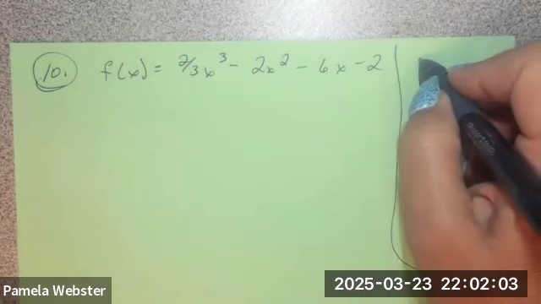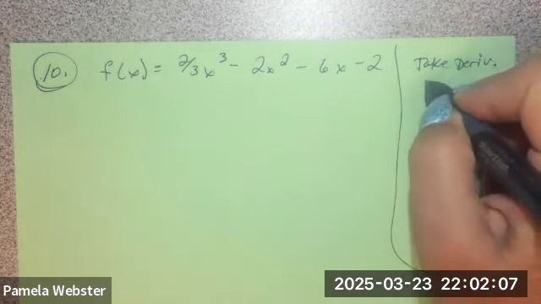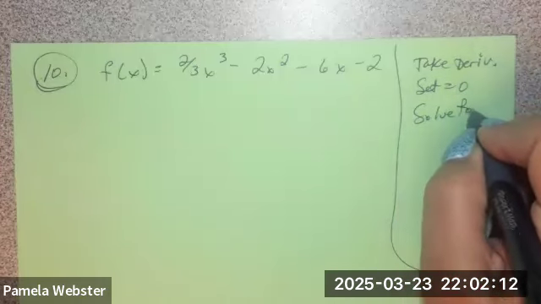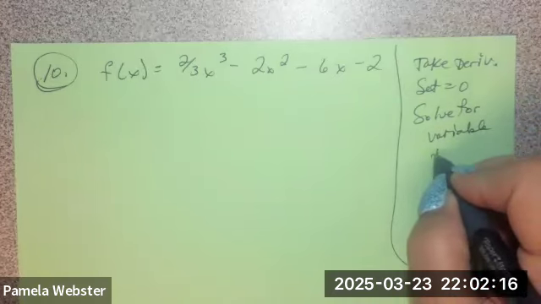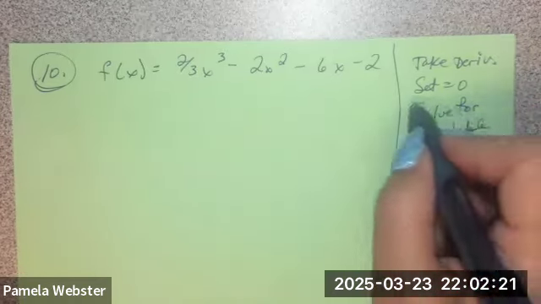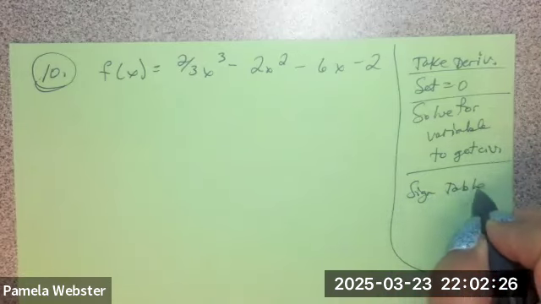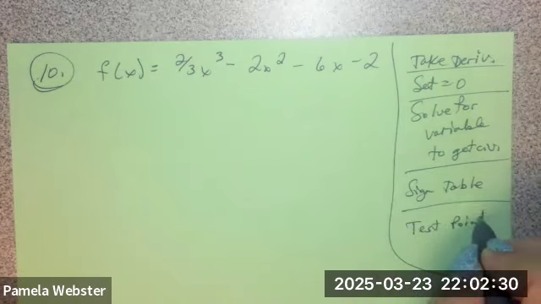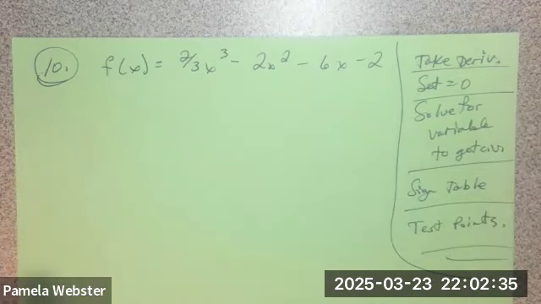Remember, take the derivative, set it equal to 0, solve for your variable to get critical values. Once you have your critical values, we need to do a sign table. And don't forget your test points.